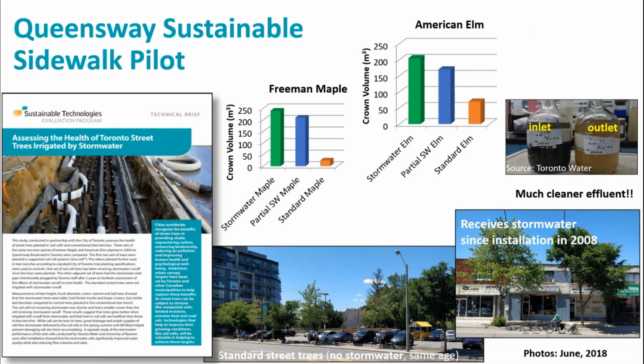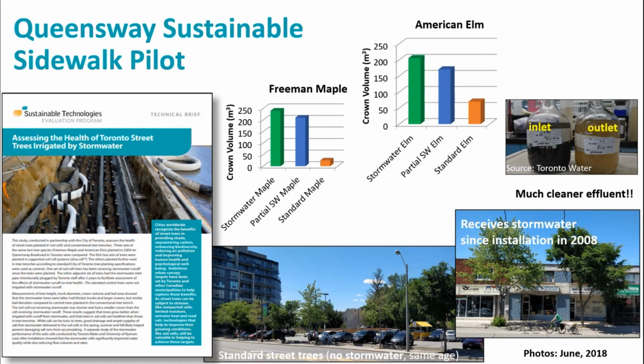So in 2018, TRCA came back and made the comparisons between the two stormwater tree trench systems and a controlled traditional tree trench configuration with no stormwater being received whatsoever. The three different configurations showed that the height, the crown volume, leaf area index, or the LAI, which is simply meaning how wide and how healthy and how thick do your typical leaf on a tree get as it matures, was compared as they were planted at the same time and they were all the same species.